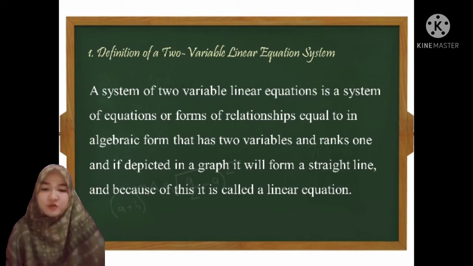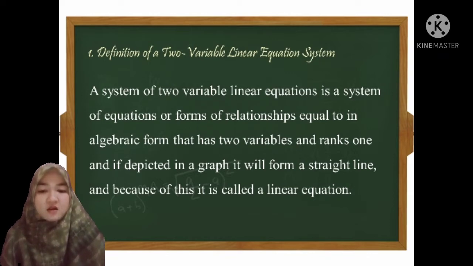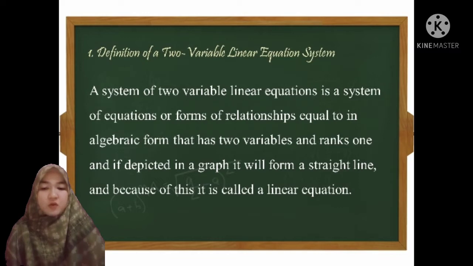A system of two-variable linear equations is a system of equations, or a form of relationship, equal to an algebraic form that has two variables and rank 1. If depicted in a graph, it will form a straight line, and because of this it is called a linear equation.